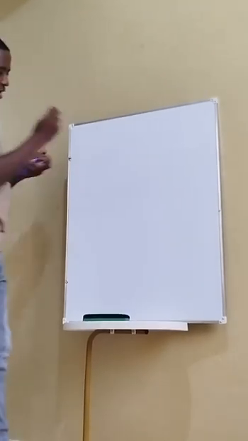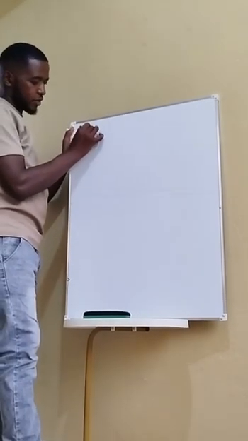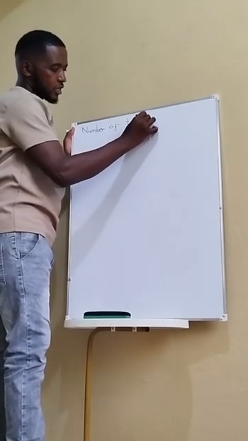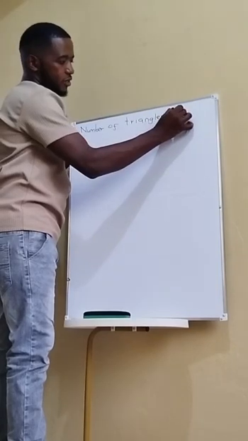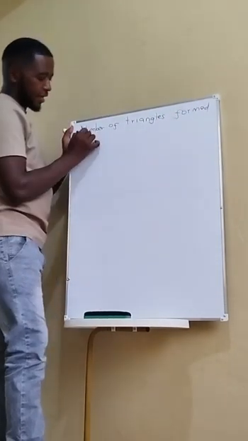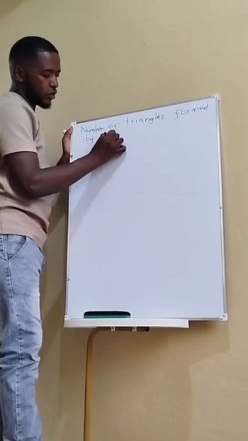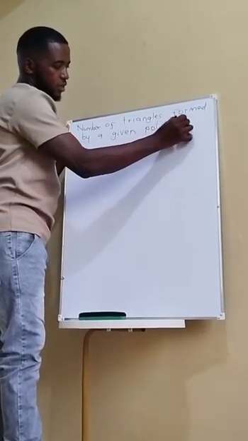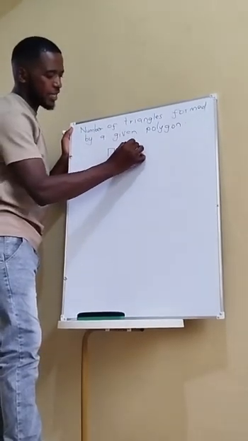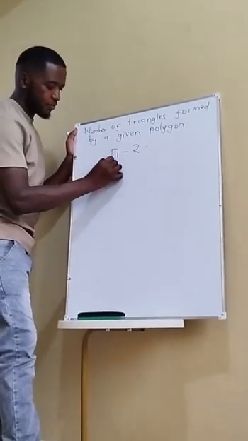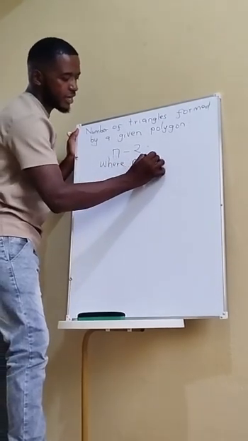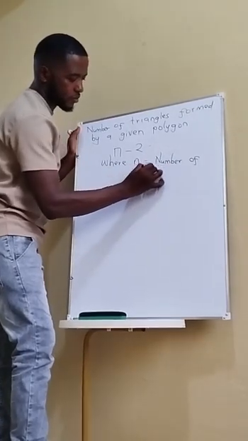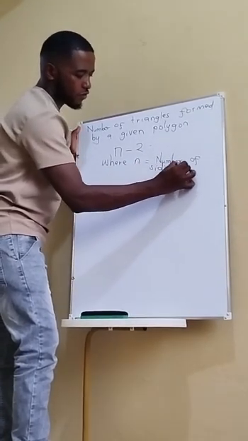We can say that the number of triangles formed by a given polygon is given by the formula n minus 2, where n is the number of sides of the polygon.